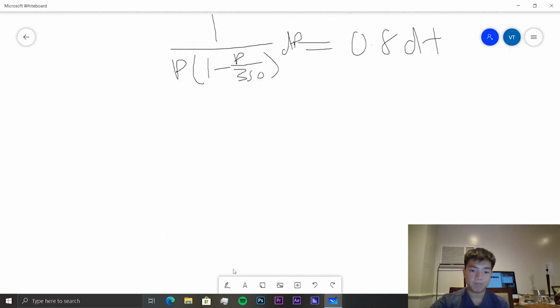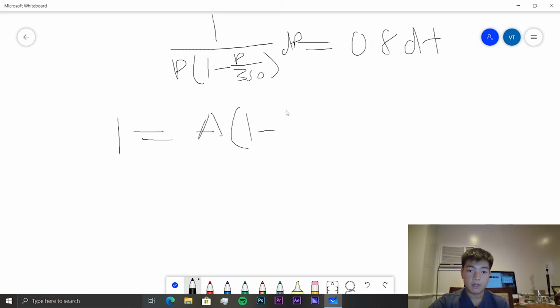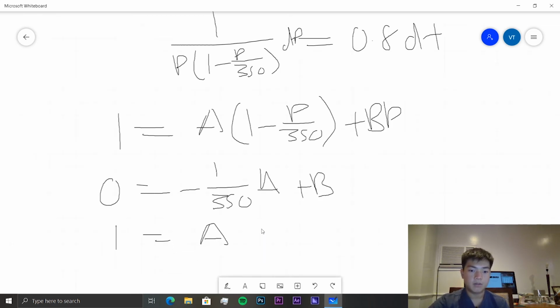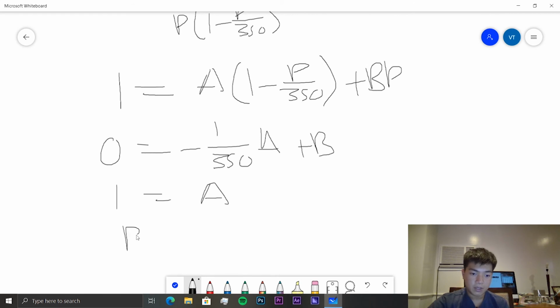So we get 1 is equal to a times 1 minus p over 350 plus bp. So we have 0 is equal to negative 1 over 350 a plus b, and 1 is equal to a. So b must equal 1 over 350.